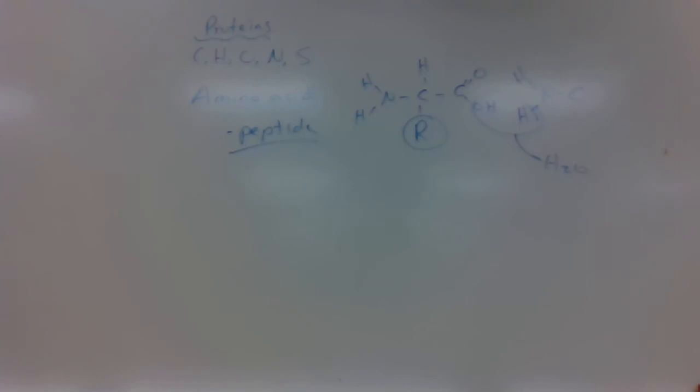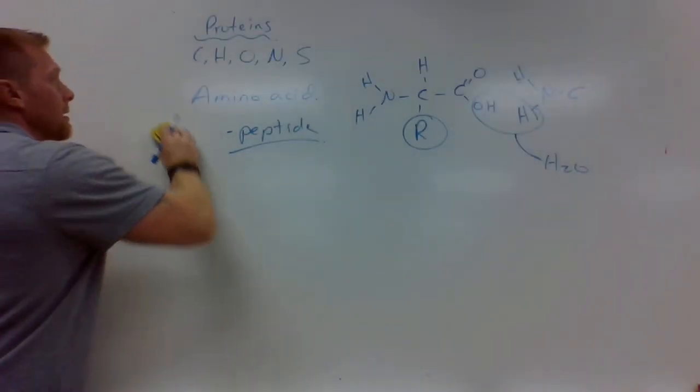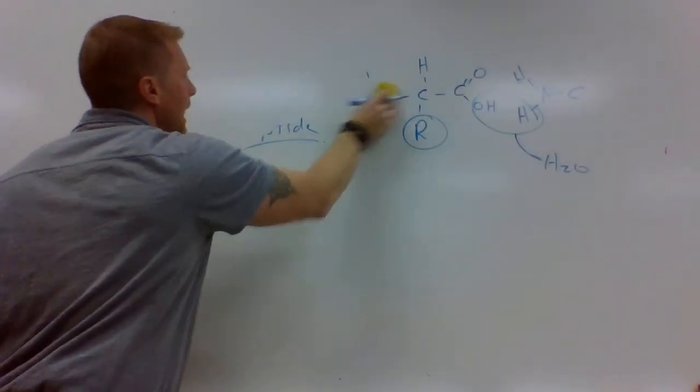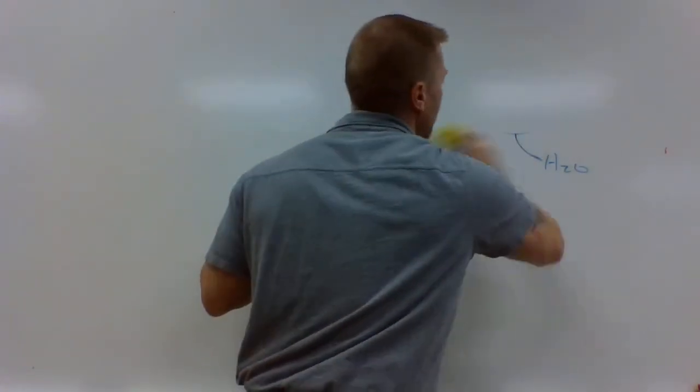Now, it is really important for tomorrow that you understand the levels of structure within a protein. If we look at the 4 levels of protein structure, you begin with its primary structure, which is its most simple, most basic, most fundamental structure.